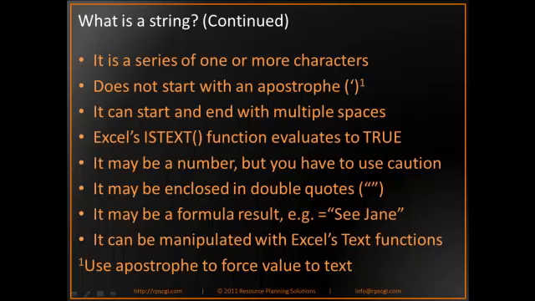So numbers, just about anything is going to be a text string if it's enclosed in double quotes. Data that is enclosed between double quotes in a formula is going to be treated as a text string. So we'll take a look at that later. Any data object that meets the criteria above can be manipulated with our Core 5 Excel text functions.